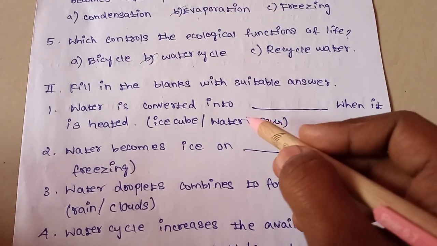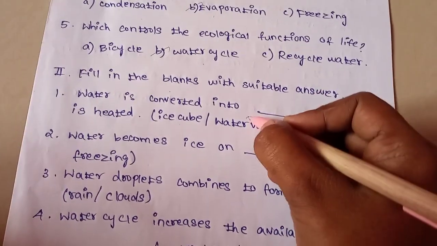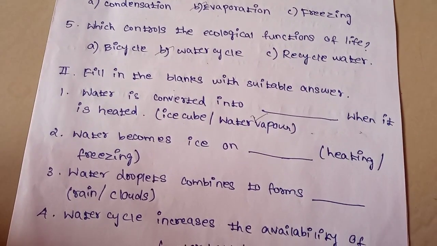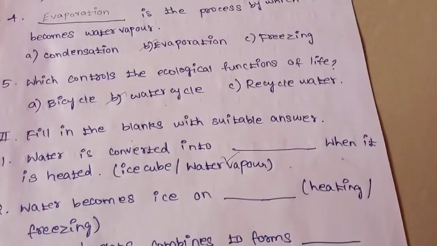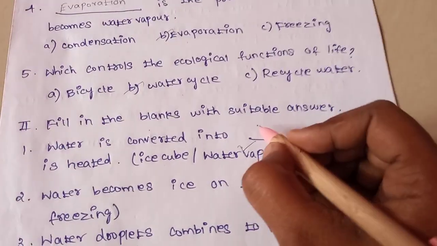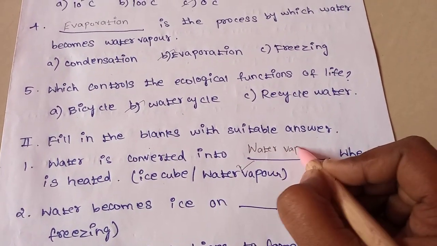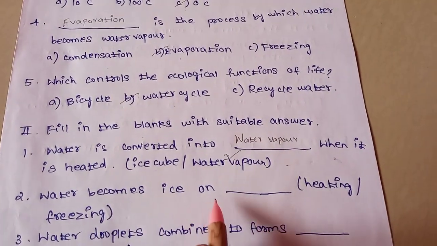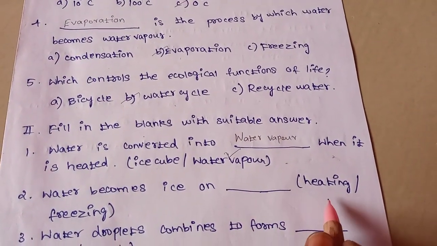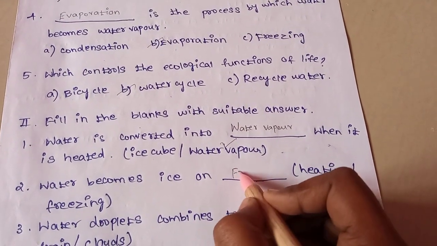So water is converted into water vapor when it is heated. Second one, water becomes ice on dash. Heating, freezing. So freezing.